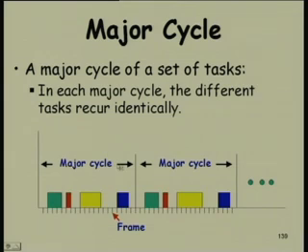So, see this, in the major cycle the schedule is repeated. This one was running here, this one is running here, then the red one, yellow one, etc. So, the schedule is repeated in each major cycle, but the major cycle is divided into these minor cycles, and the tasks can start at the beginning of a frame, but it can end before a frame ends.